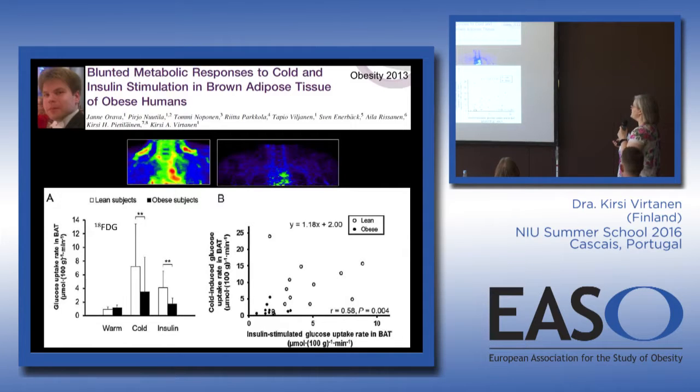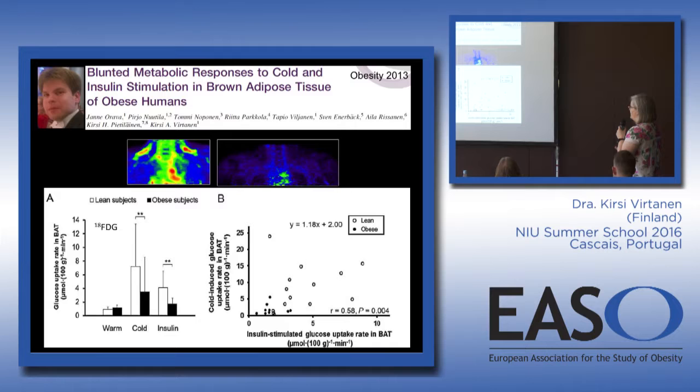Lean subjects, 70% of them, show this kind of accumulation of FDG as a signal of increased metabolic rate in brown adipose tissue, while our obese subjects most commonly look like this. So they don't have any activation in spite of a similar kind of cold exposure.